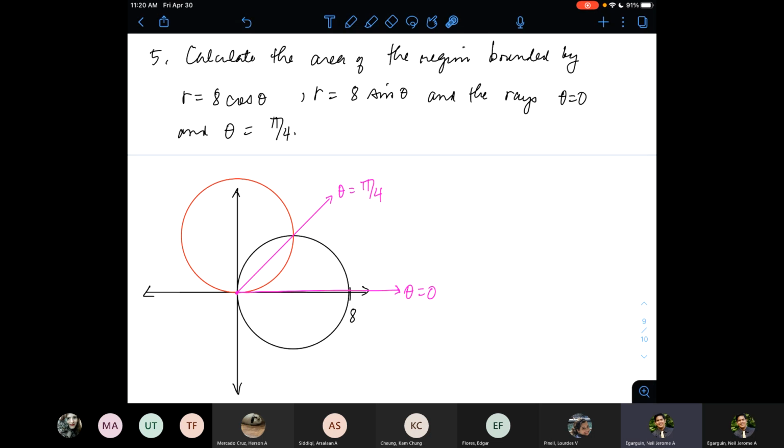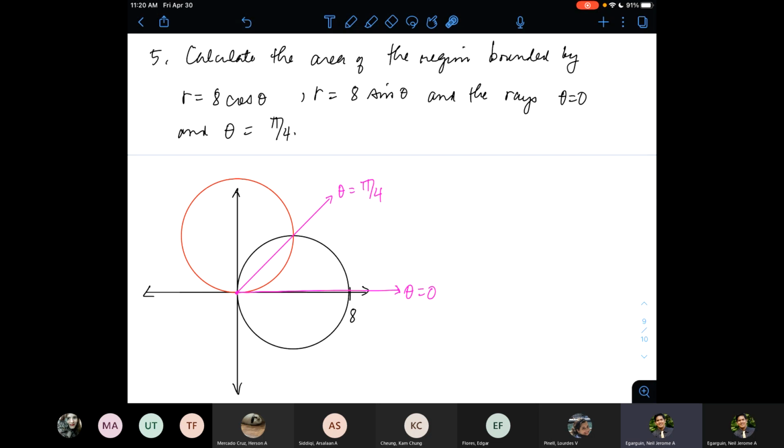Yeah, let me reread the problem. Probably that's also the difficulty Herson encountered. Calculate the area of the region bounded by the 2 circles and the rays theta equals 0 and theta equals pi over 4. So the bounds are fine, but it should be bounded by the 2 circles.